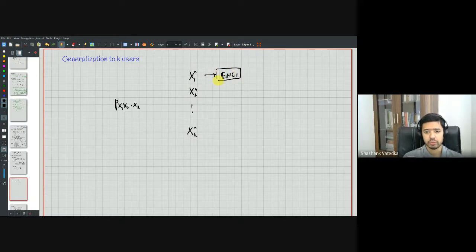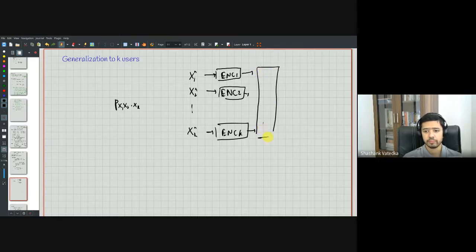So you have encoder 1. X1 is given to encoder 1, X2 is given to encoder 2, and so on. And the goal is to design these encoders, but all of these need to be jointly decoded.